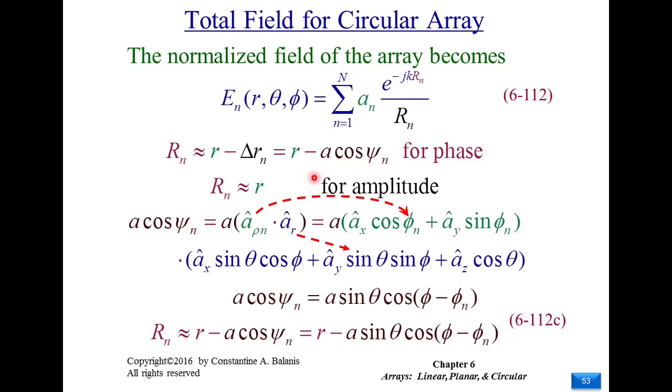And as we defined psi n in the previous slide, it is the angle between the direction of observation and the radial vector to element number n.